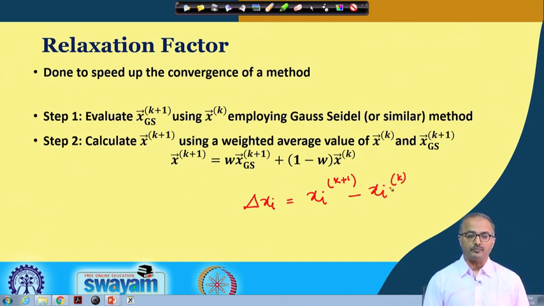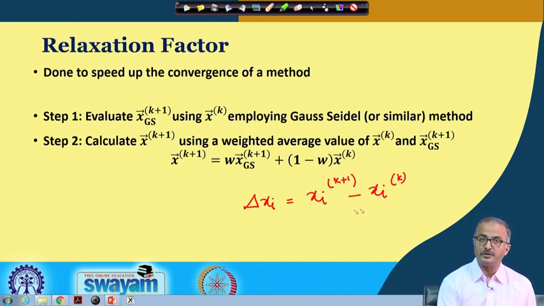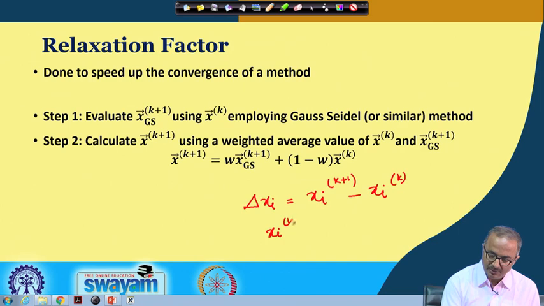Okay. Now, that means xi at k plus 1 is equal to xi at k plus this error which we are finding at the k plus 1th iteration level.